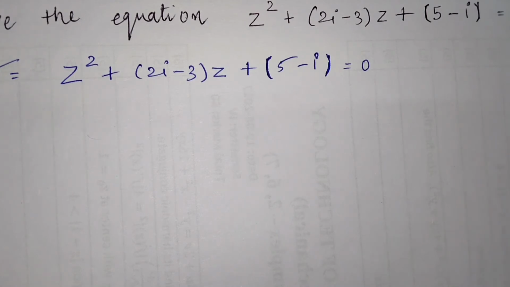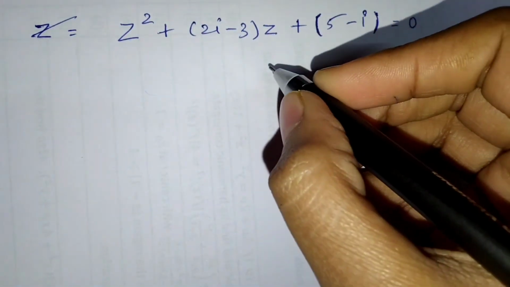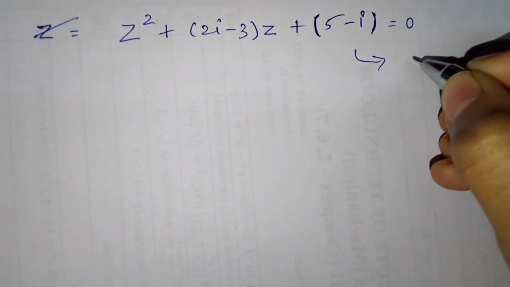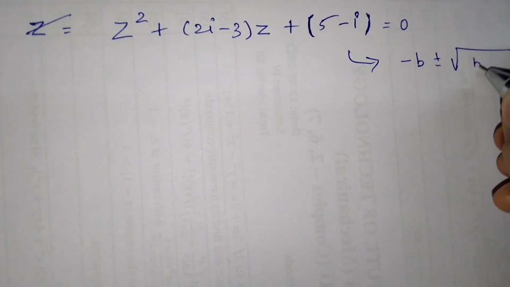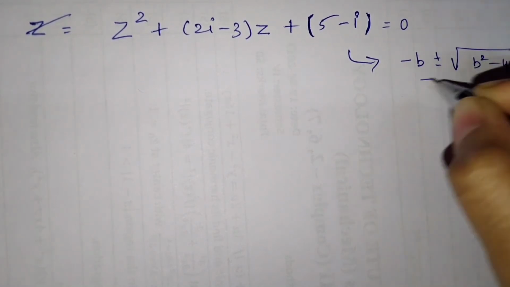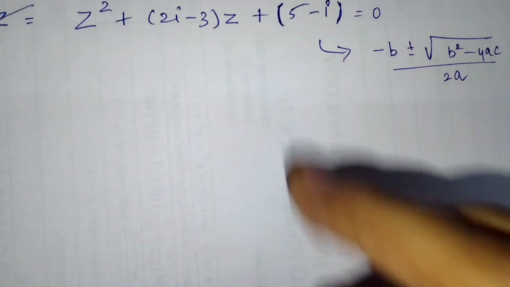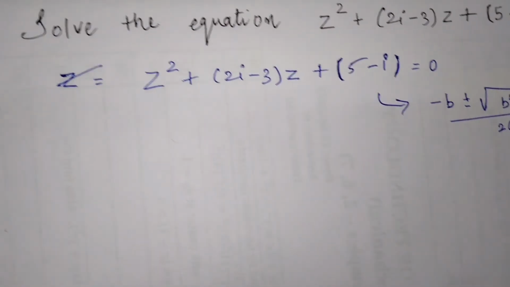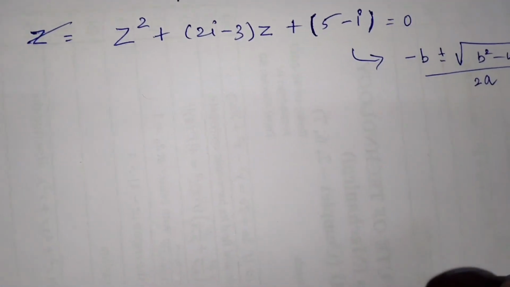So let us find the roots of the equation. According to the formula minus b plus or minus root b square minus 4ac upon 2a, we will find the roots of this equation.